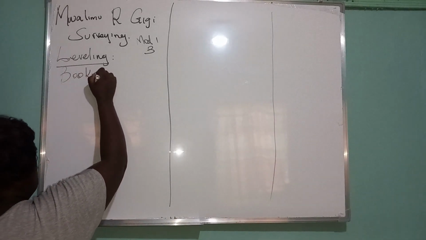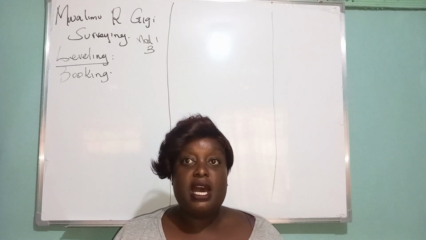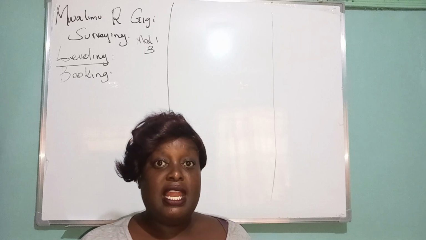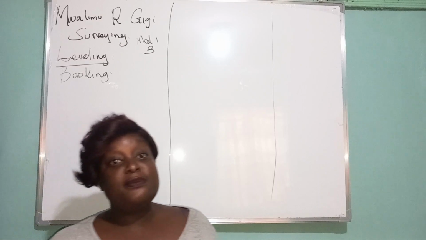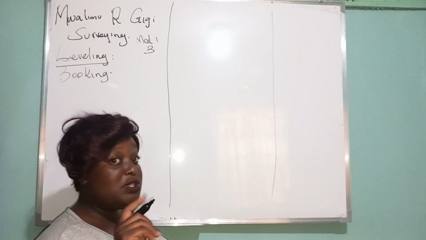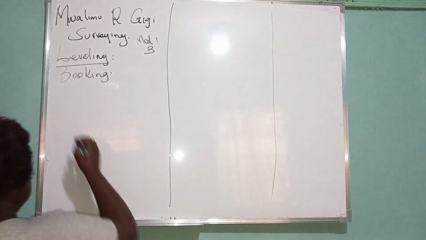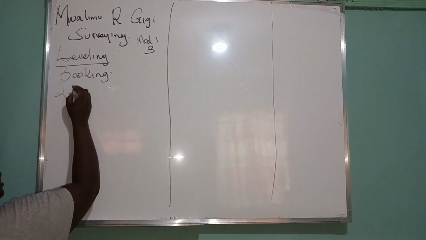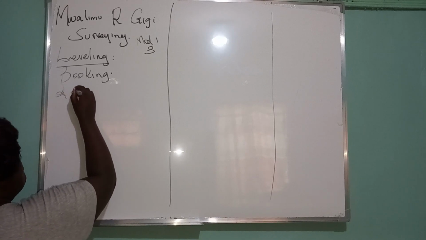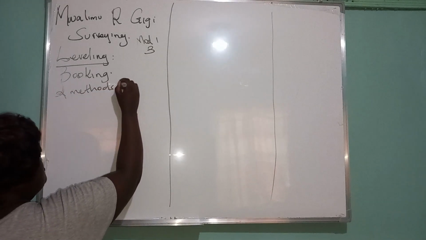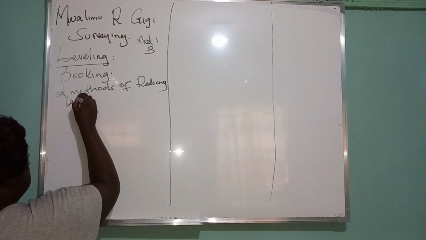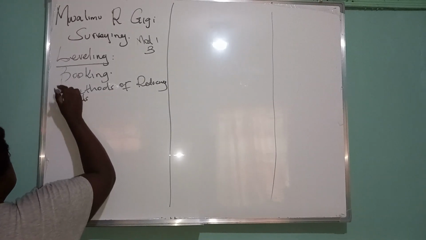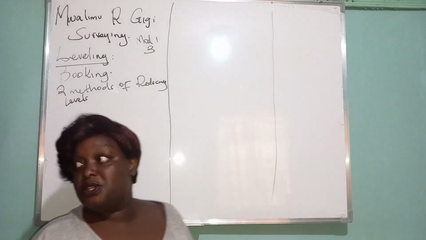Booking. When you want to do leveling, we have two types of reducing levels, two methods of reducing levels.